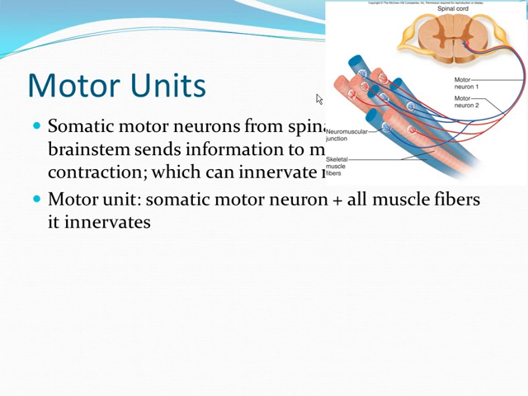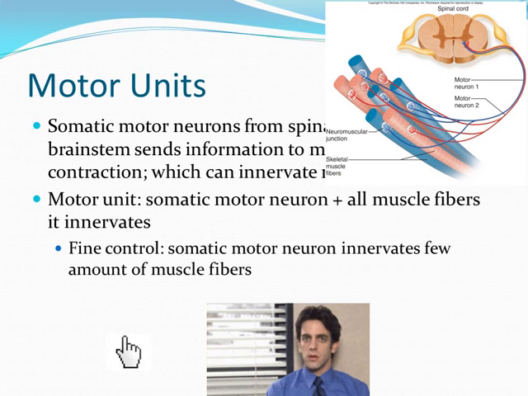It just depends on how fine a focus of a muscle we want. For muscles with fine control, we tend to have a lesser amount of innervation. So we have motor neurons that innervate fewer muscle cells. Does that make sense? So it has better, more precise control.